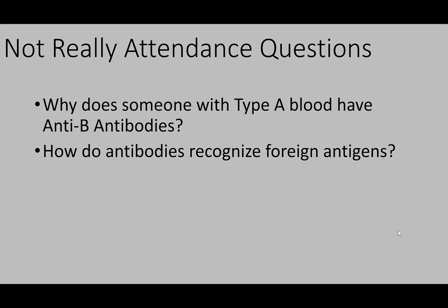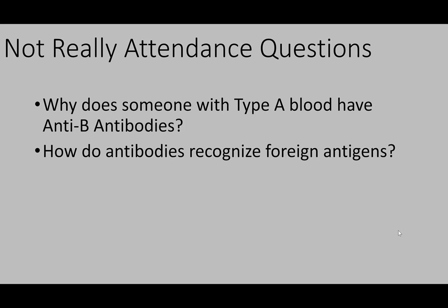And the way our immune system works, in part, is by using antibodies to find something that is out of place. So anti-B antibodies are looking for B antigens, which someone with type A blood should never have in their body.